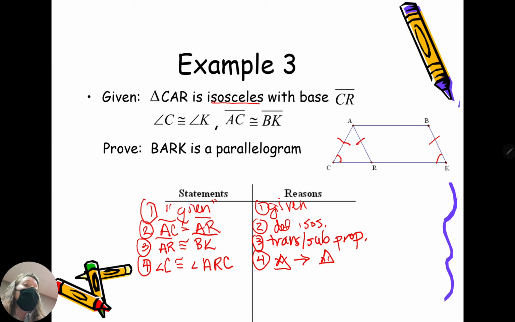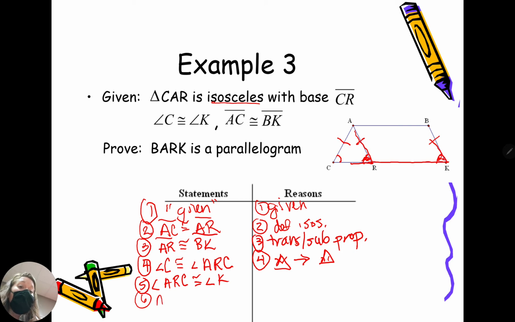And if C is congruent to K and ARC is congruent to C, then we can say ARC is congruent to angle K. And now, if we trace these congruent angles, I have corresponding angles congruent, and I have parallel lines, right?